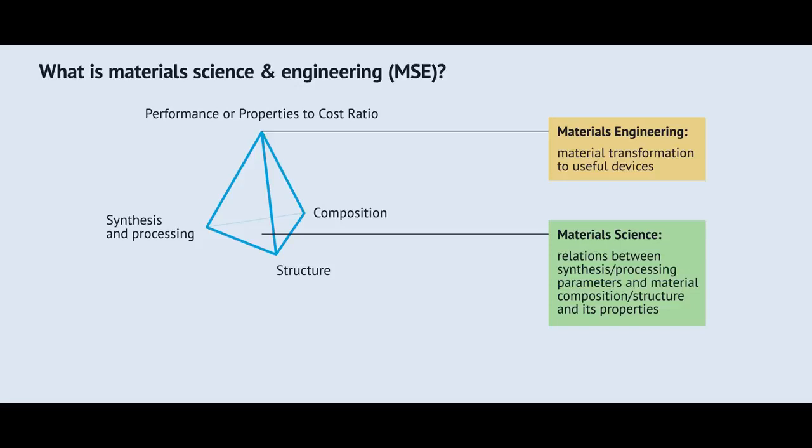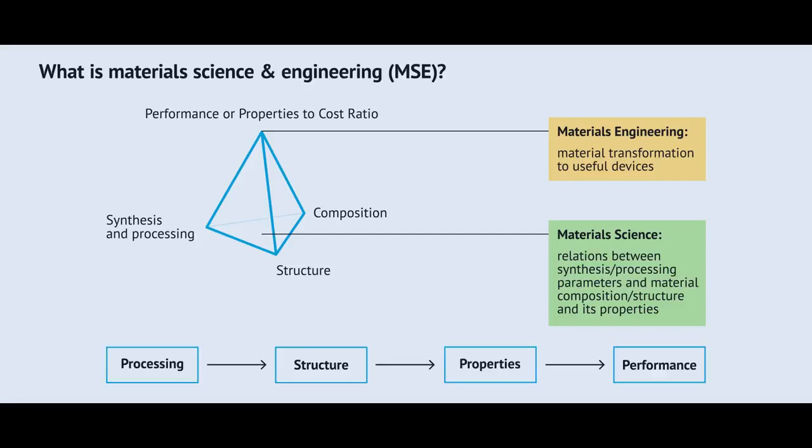Again, the relation between the processing, structure, and composition is the field of very famous material science. However, altogether, structure, composition, synthesis, processing, properties, and operation is the field of interest of material science and engineering, which we will talk about.